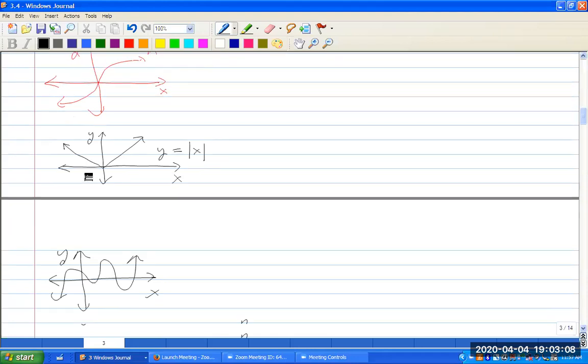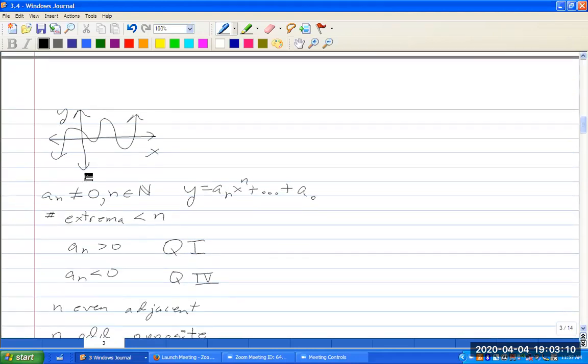Just recall that a polynomial looks something like this. The number of extrema is always less than the degree of the polynomial. If the leading order coefficient is positive, it goes up into the first quadrant.